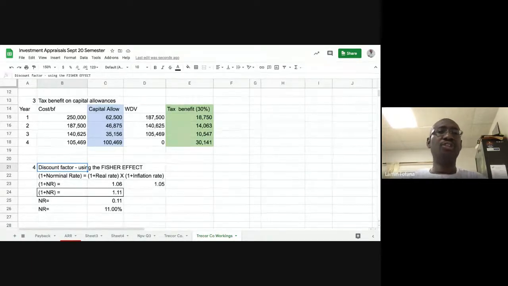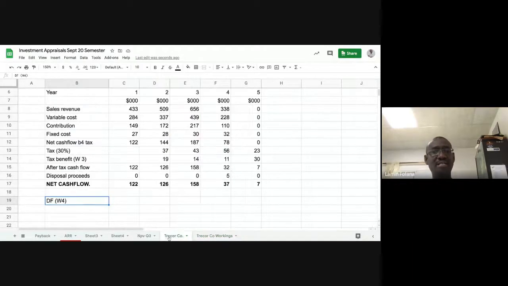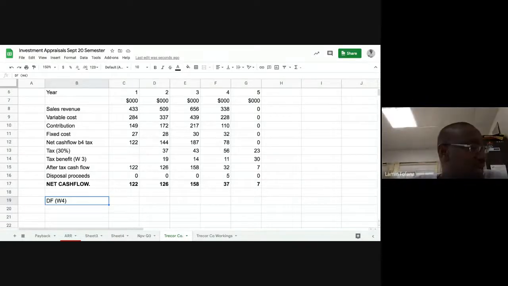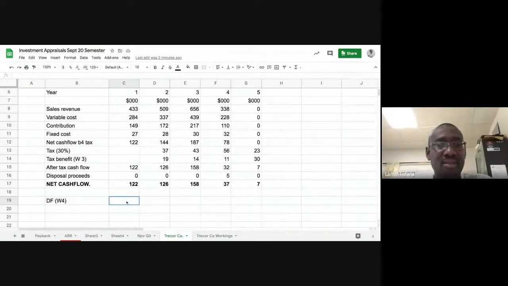So, brilliant. We're going to use our 11% to discount our cash flows. We all agreed that our discount factor is 11%. Now let's have our discount factor into 3 decimal places.